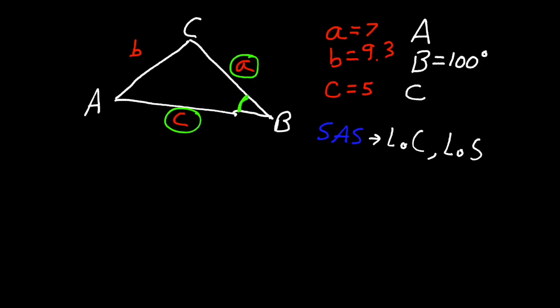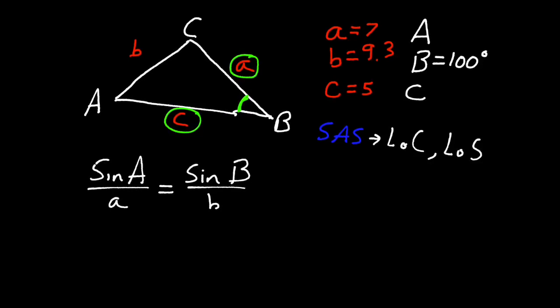So the law of sines is, let's say, the sine of angle A divided by side A is equal to the sine of angle B divided by side B, which is equal to the sine of angle C divided by side C. That's our law of sines.